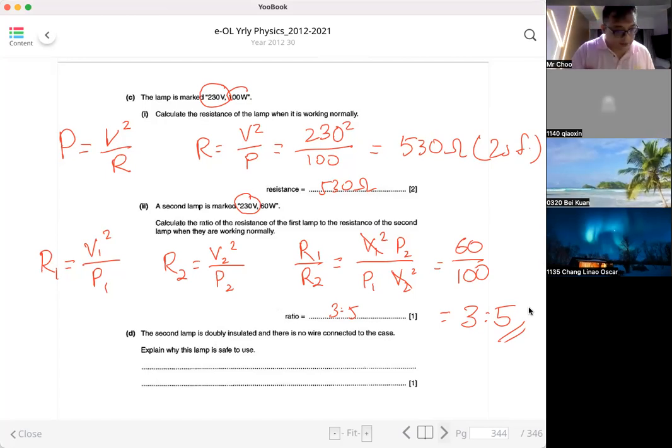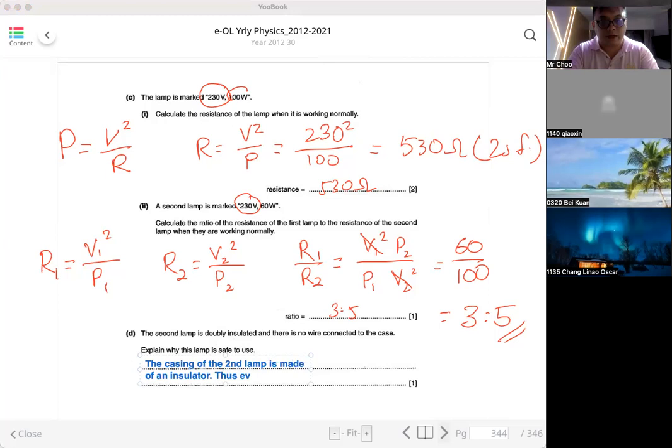So let me explain the last part to you all before I let you all go. Okay, the last part you all need to explain like this. Okay, so the casing is no longer metal. The casing of the second lamp is made of an insulator.